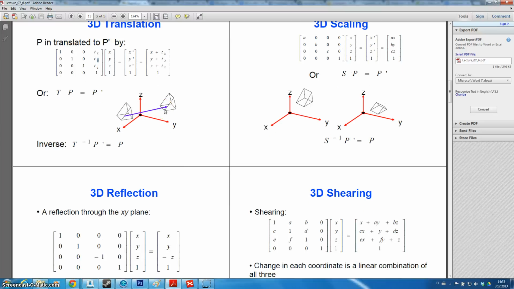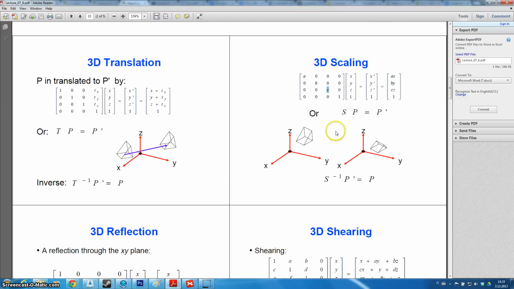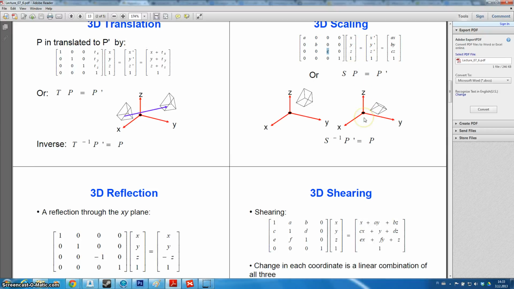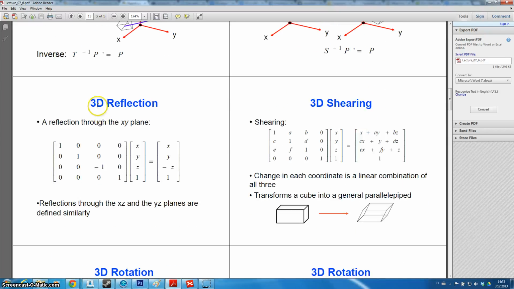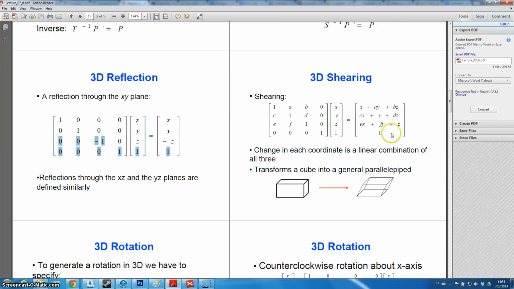Then we can translate it. By scaling, we change these three matrix elements, and then we can find out the scale of that 3D object, and the reflection becomes by changing the scaling inverse.